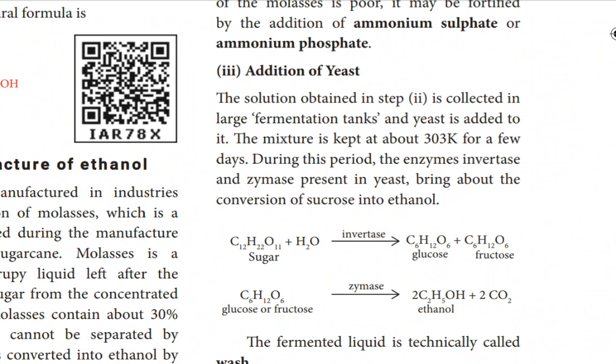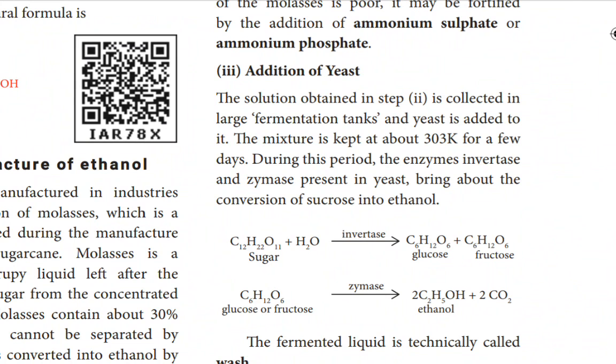Formula C12H22O11, that is 12 carbon, 22 hydrogen, and 11 oxygen. What is given here? See, it contains only carbon, hydrogen, and oxygen. Actually, in the sugar molasses, only carbon and water is there. Plus H2O means in the dilution process we add excess of water.